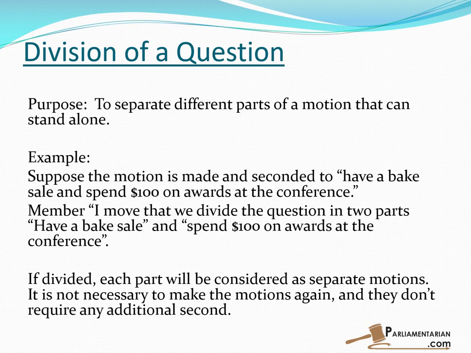So in order to really use this correctly, you have to know all those exceptions, and it's a little bit complicated. So you could very well do this incorrectly by having a vote on dividing a question that must be divided at the request of any member. So I would suggest just staying away from this one.